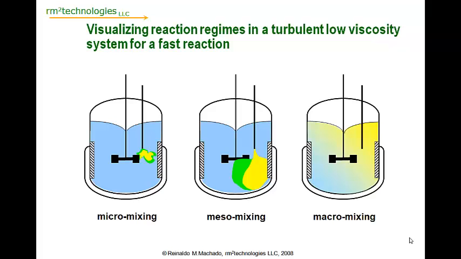And in this condition, it's a function of the feed tube location as well as the impeller size, dimensions, and power per unit volume. In macromixing, it's a little bit simpler. And here, the material finds itself throughout the entire reactor. However, the composition may be slightly non-uniform.